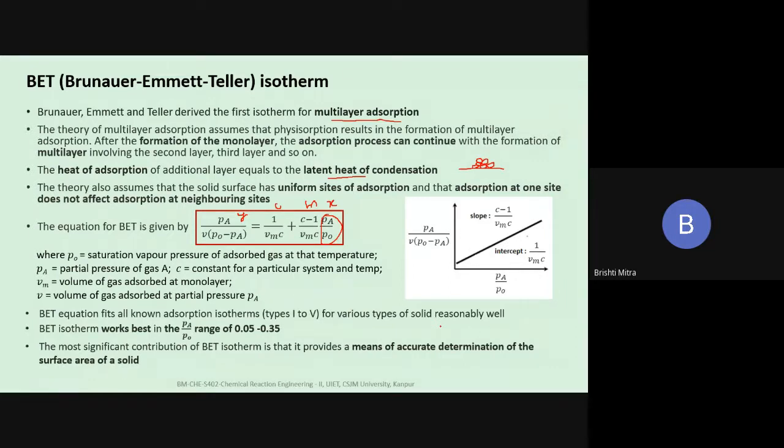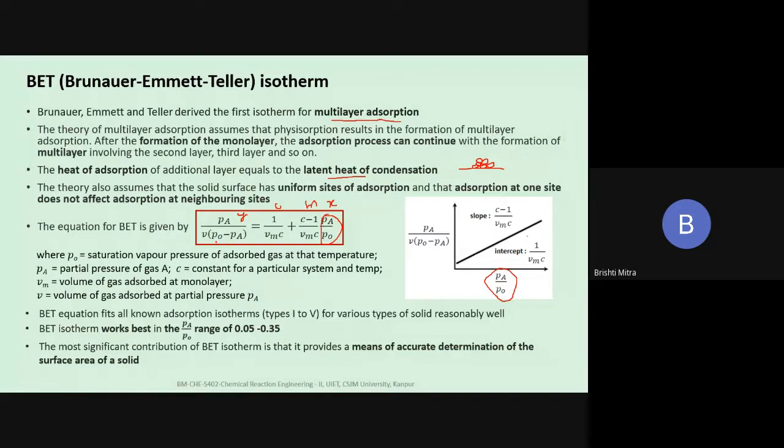When I do mathematical examples, you will see that this is true. When this ratio is in the range of 0.05 to 0.35, that is when we get a nice straight line using the BET equation. For other cases, there might be a slight curvature that we will see when we look at actual real examples.